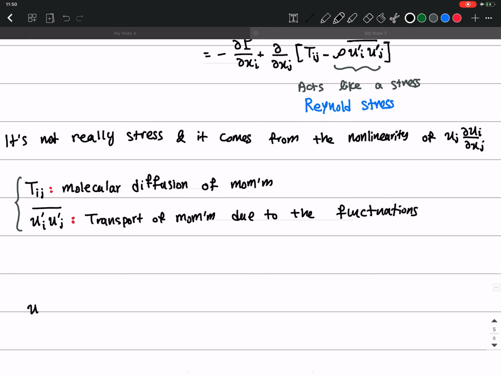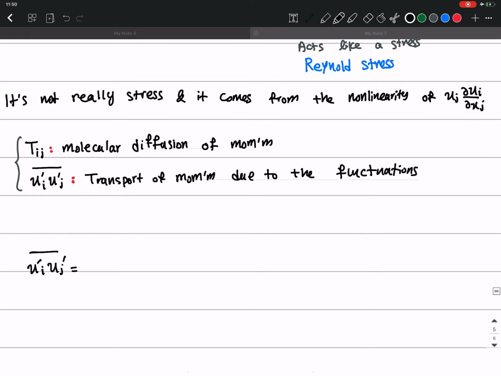If you want to write it down, the whole matrix for 3 velocity components looks like this. The first row is u prime 1 u prime 1, u prime 1 u prime 2, u prime 1 u prime 3.